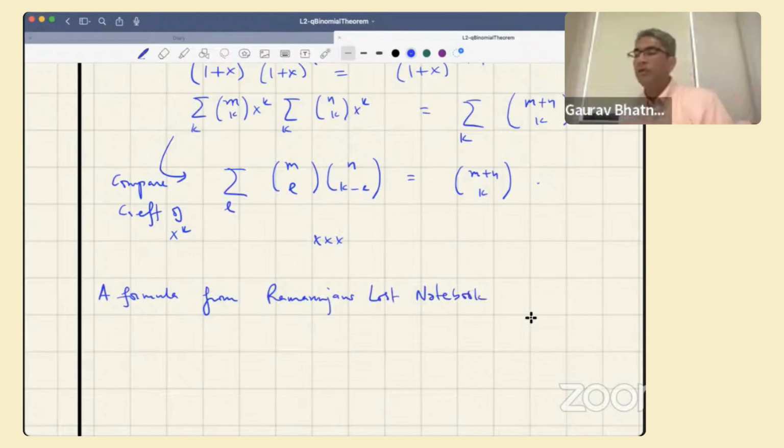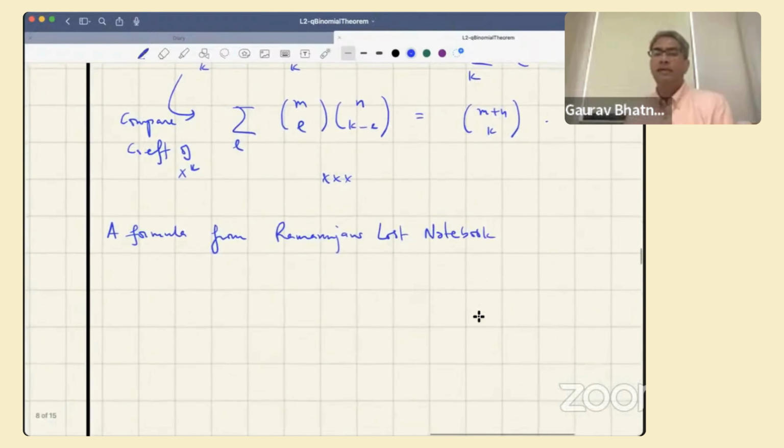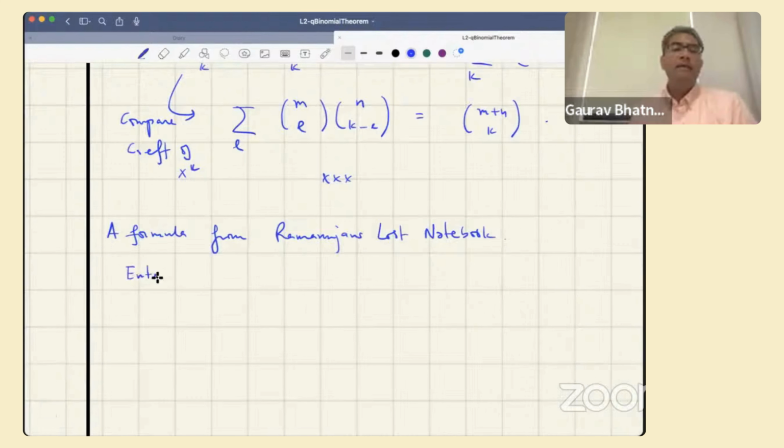If you recall, the Lost Notebook was another 5 volumes by Andrews and Berndt. And here I'm writing the entry, so this L denotes the lost notebook, and then this is the volume number, and then this is the equation number or the entry number over there.